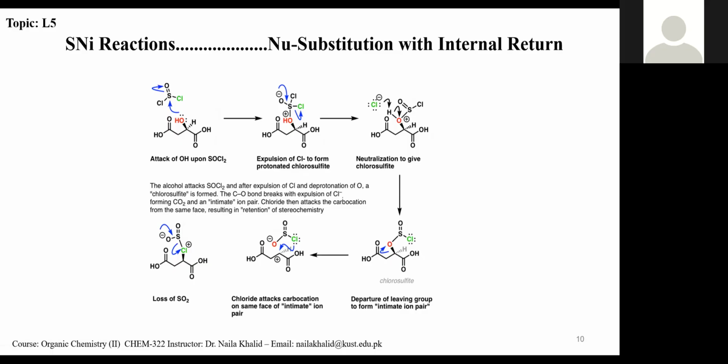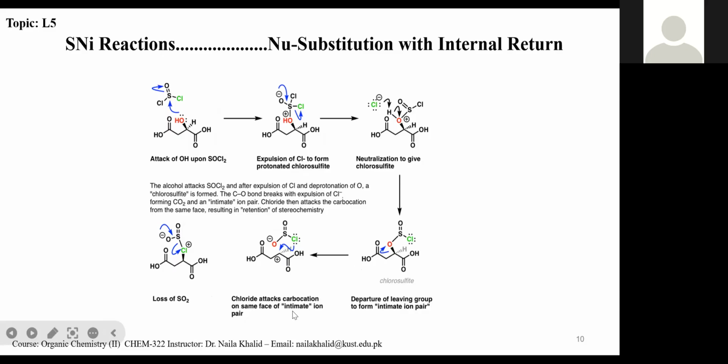So you will see that in this internal nucleophile, this is some of the explanation that there is possibility that this chloride attacks from here and this comes here, sulfur dioxide is formed.